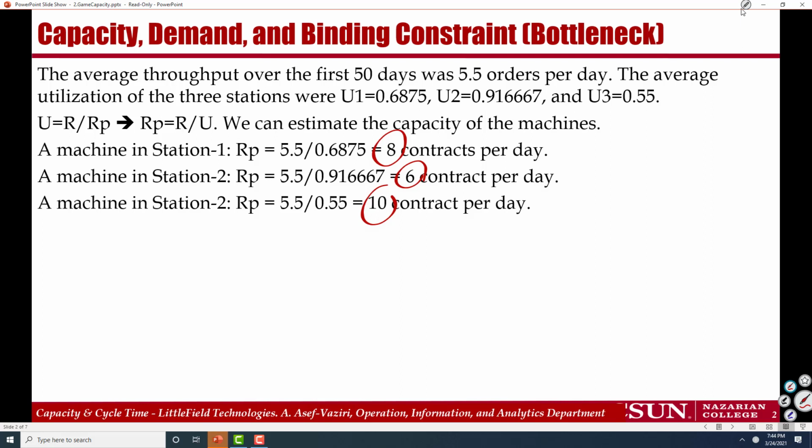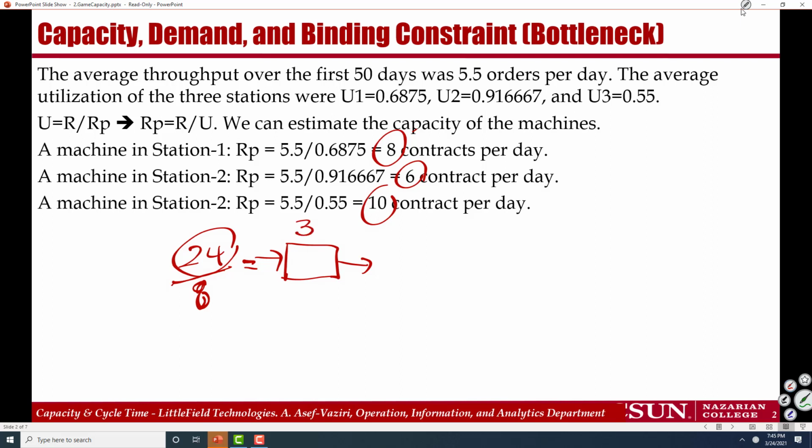And because a day is 24 hours, it takes 24 divided by 8 for a product to pass station 1. No matter if we have 1 machine or 100 machines, if the capacity of each machine is 8 per day, and a day is 24 hours, a product should stay in a machine for 3 hours.